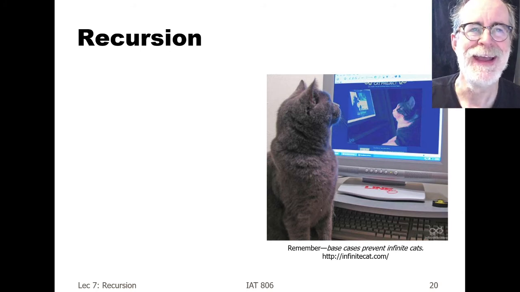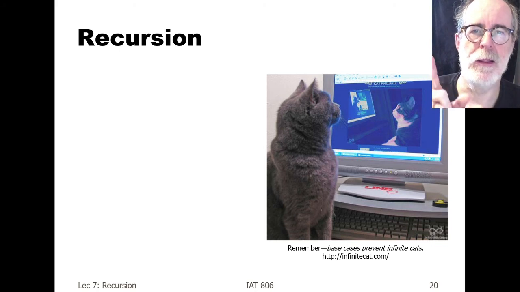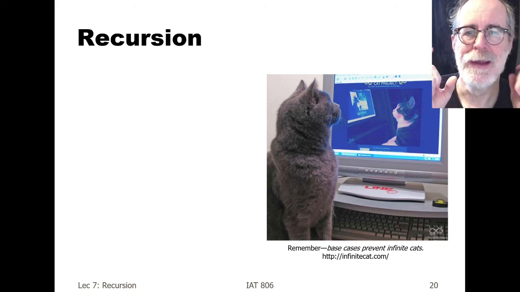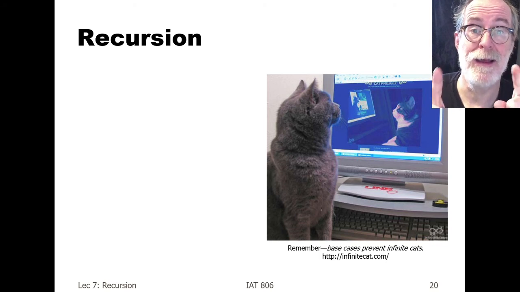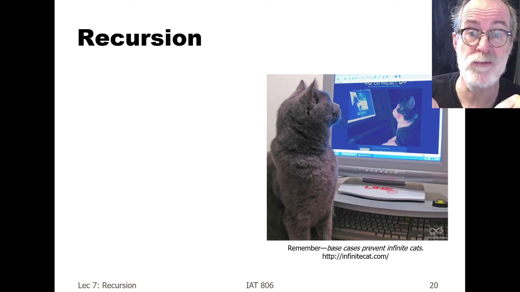But anyway, it starts off at some point in early 2001, 2002 or something, with a picture of a cat looking at a flower, and the person who hosted this took a picture of his or her cat, posted it online, and then said, okay, now get your cat to look at the picture of my cat on my web page, and send me a picture, and I'll put that picture online.